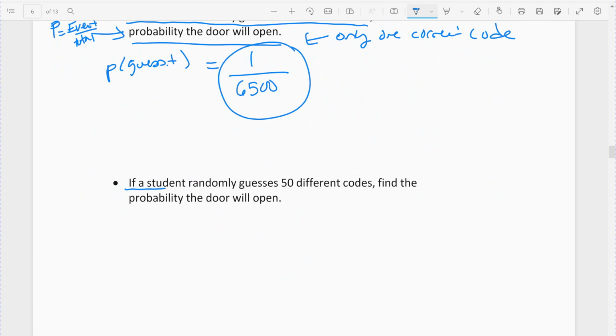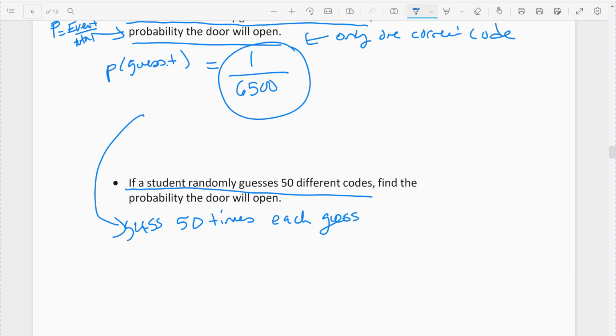Now suppose a student tries 50 times, randomly guessing 50 different codes. Find the probability of opening the door. Remember, they're guessing 50 times, and each guess has the same probability.